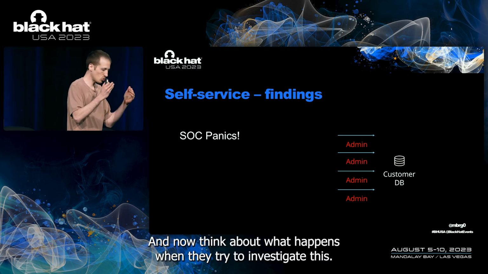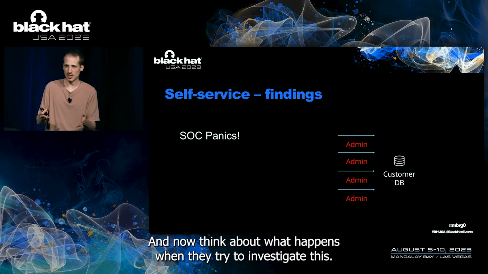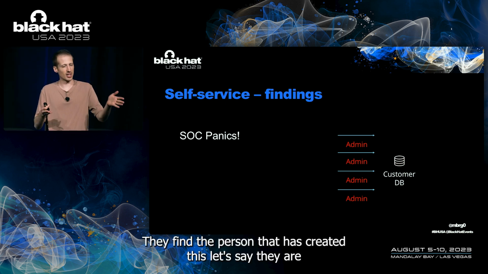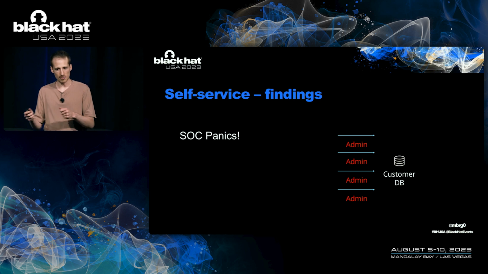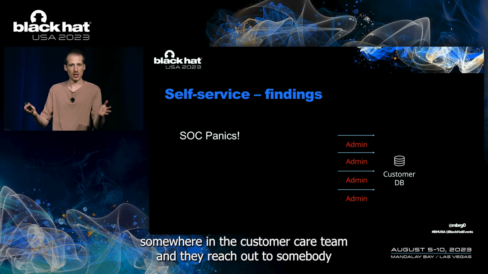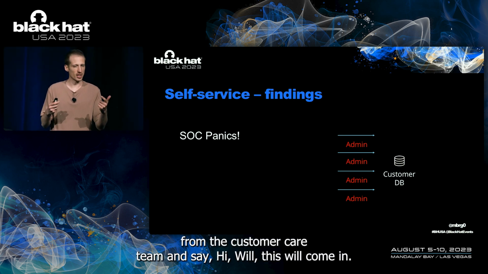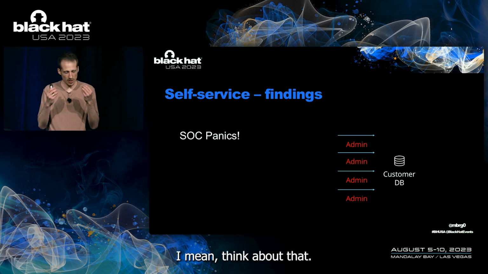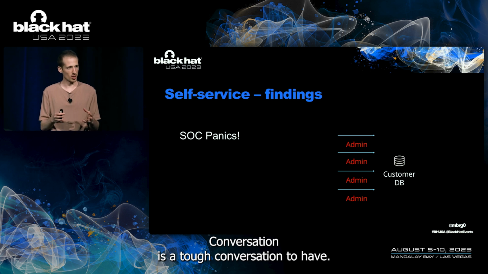And now think about what happens when the SOC tries to investigate this. They find the person who created this. Let's say they are somewhere in the customer care team, and they reach out to somebody from the customer care team and say, hi, we're the SOC, something is wrong here. Think about that conversation. It's a tough conversation to have.